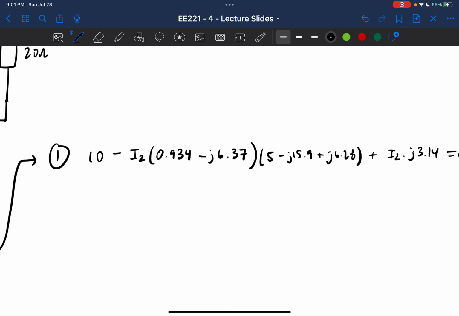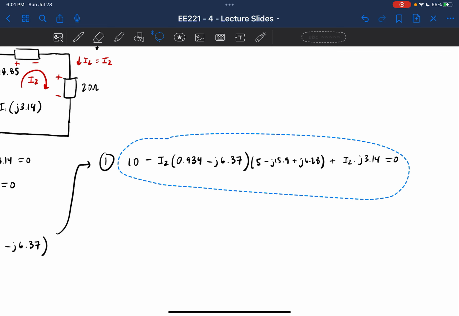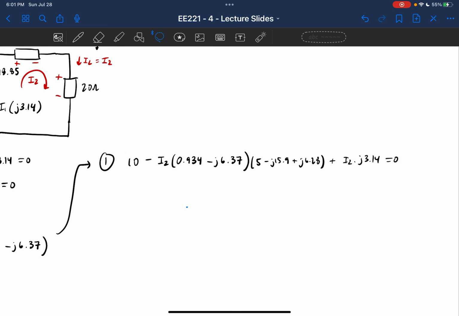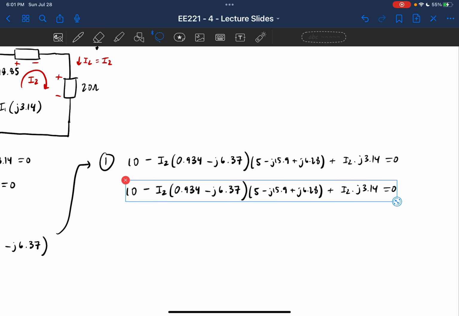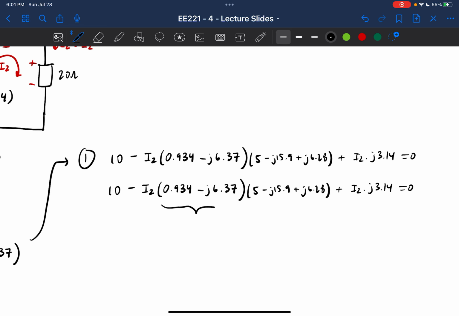So let's basically rewrite this thing. But I'm going to multiply these two terms together, right? They're going to get multiplied together.